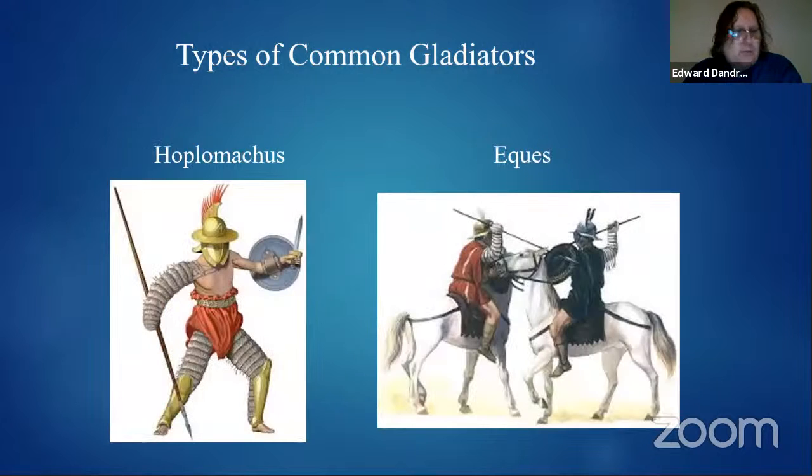The Hoplomachus, which is modeled on the ancient Greek hoplites, although it's sort of a mixture of Macedonian and Greek infantry, and then the Eques, people who fight on horse. That being said, there are an enormous number of other gladiators who fight in special forms or special formats.